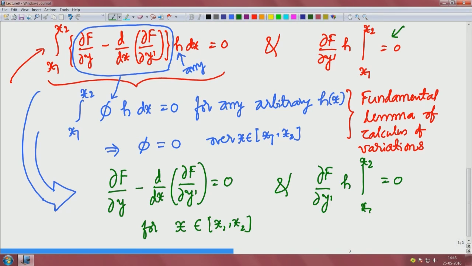It may actually be wiser to keep them as these round brackets rather than square brackets, because this is on the boundary of the domain, that is x1 x2, and the other one is interior everywhere.